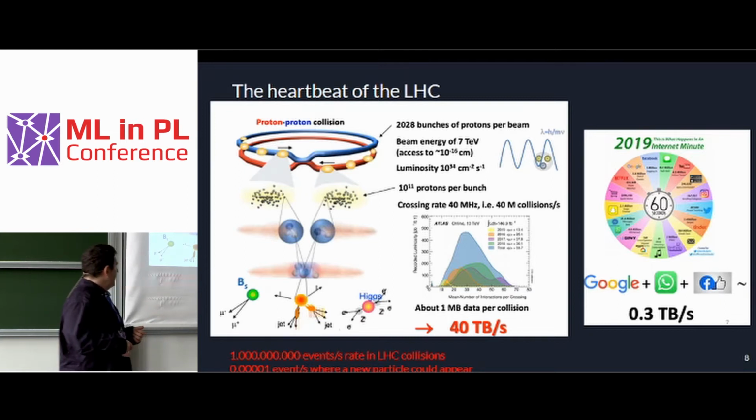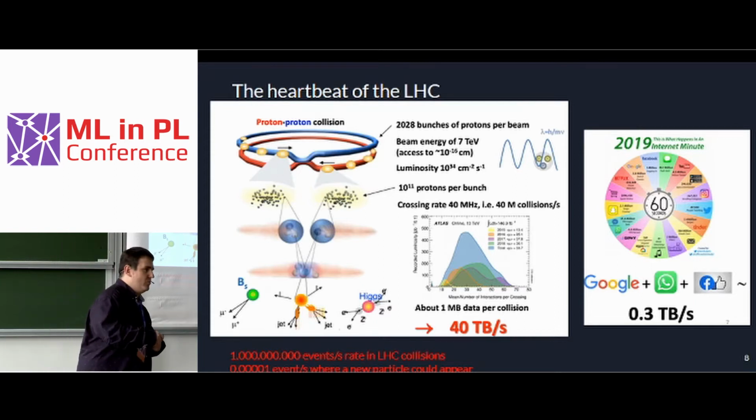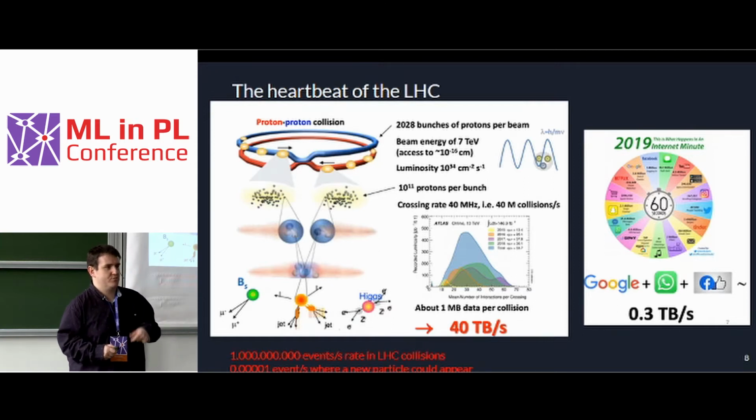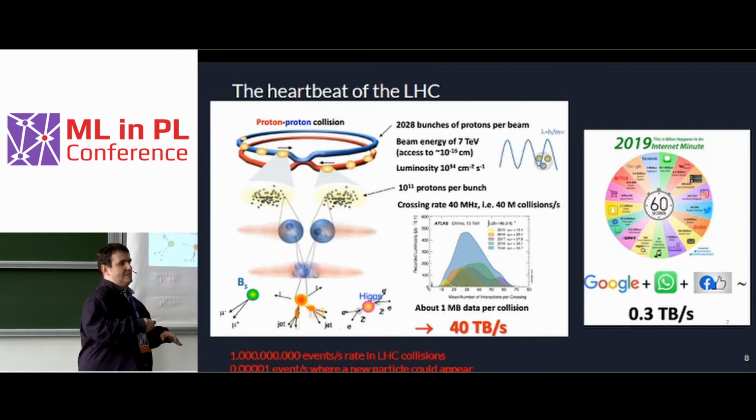So we need to build a system that works in real time and allows us to store the data. But the problem is, if this trigger system makes a mistake, we are not able to retrieve it. If the system says this event is not interesting, we lose it.